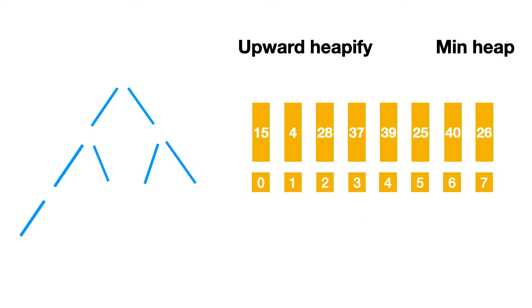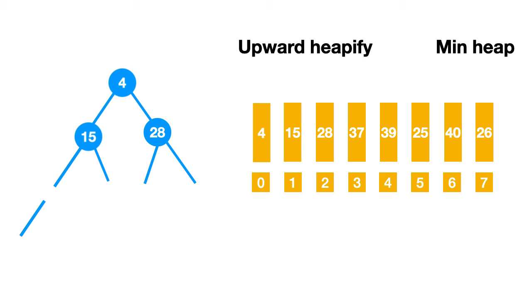Now, we want to build a min heap from an unordered array using upward heapify. We will insert nodes into the tree one at a time and grow the tree from the root. We first compare the root and its left child. The left child is 4, which is smaller, so we swap their positions. The right child is bigger than 4, so it's fine.